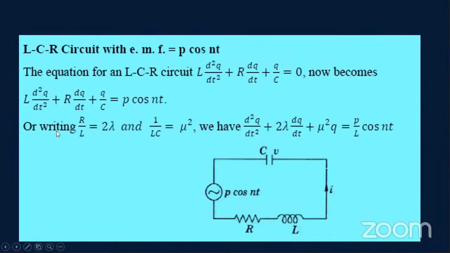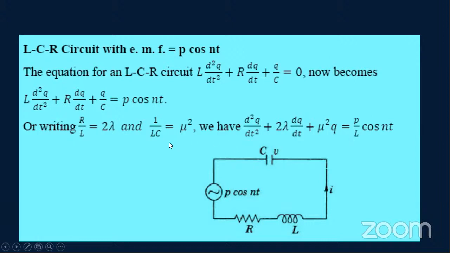And here is an LCR circuit, which again has electromotive force P cos nt, given as L d square q by dt square plus R dq by dt plus q by C equal to P cos nt. And here we get the equation after some mathematical operations: d square q by dt square plus 2 lambda into dq by dt plus mu square q equal to P by L cos nt.